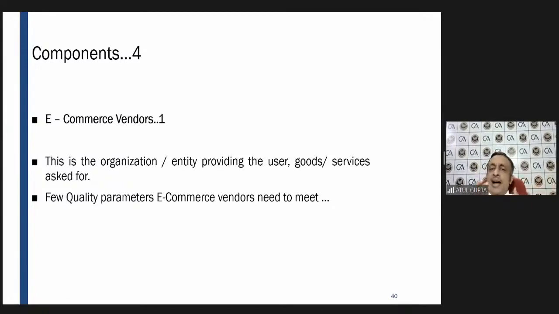Whenever you buy on a mobile application, there are considerations you look at before you make the buy decision. What quality parameters do you as a buyer look for in an e-commerce vendor before you take a buy decision? That point I want you to comment on.